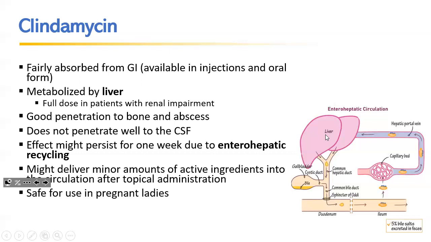That's another advantage, as in surgical prophylaxis, especially in pregnant females who go for a C-section or other procedures. So pregnant females might be offered clindamycin without any precautions.